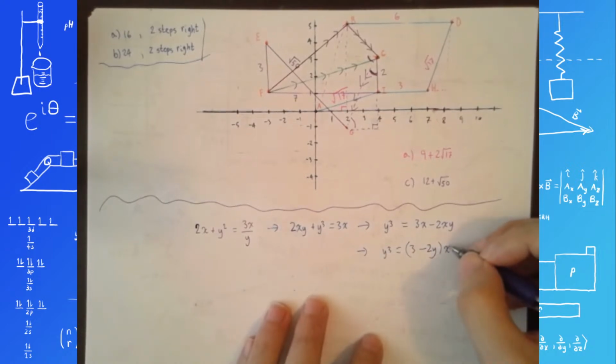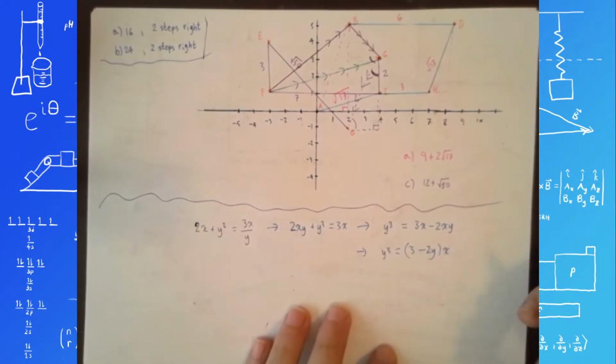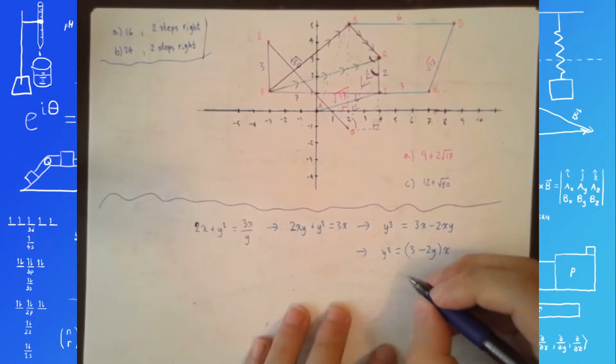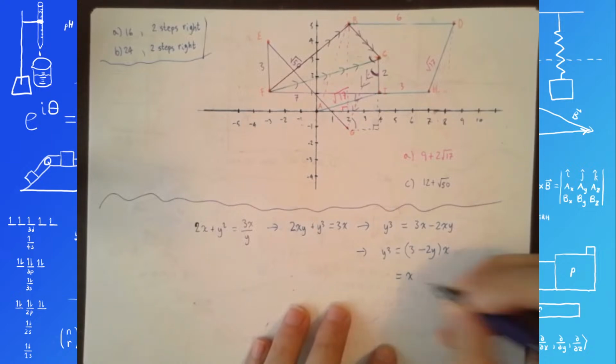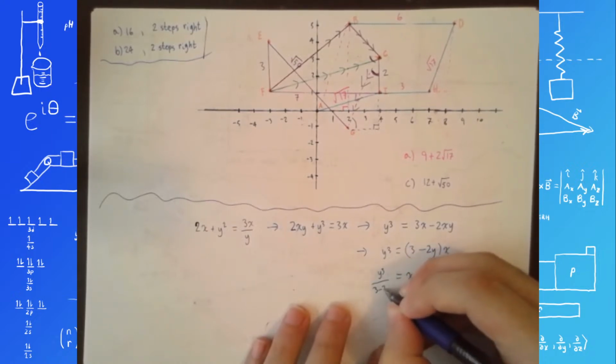I can check my work. If I distribute the x over these, then I do get back 3x minus 2xy. And then divide by 3 minus 2y, and you get x equals y cubed over 3 minus 2y.